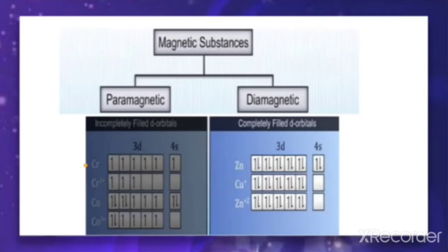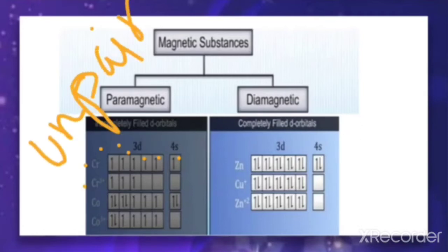So we can say there are 5 unpaired electrons in d and 1 unpaired electron in s, that is in 4s. So it shows paramagnetic behavior because of the unpaired electrons. That is important here: if unpaired electrons are present, then it shows paramagnetic behavior.